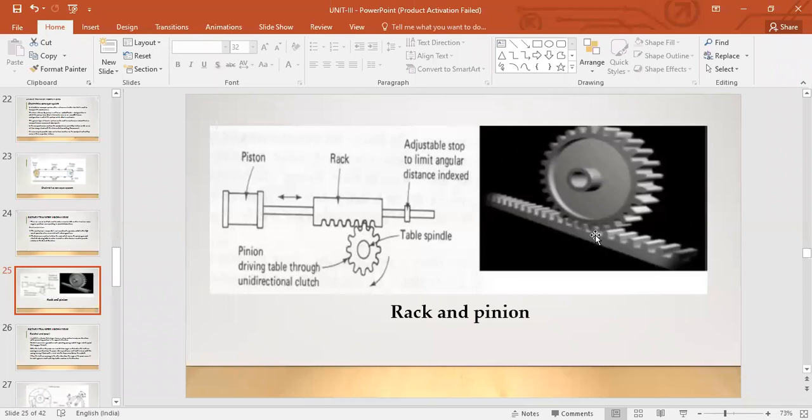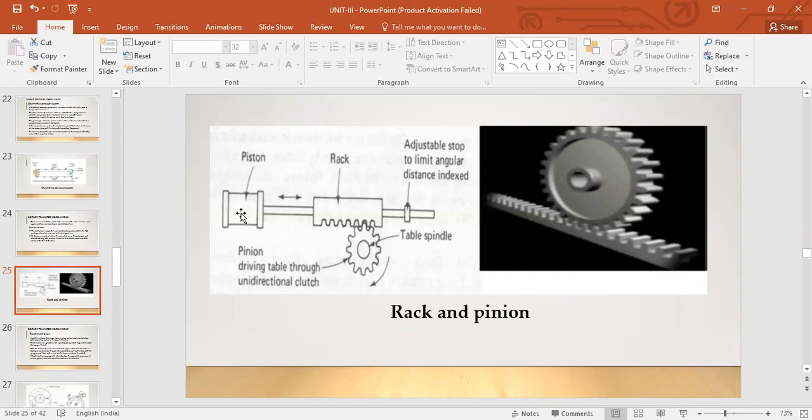So basically rotary motion to linear motion. If you want to have a rotary motion of the work table, as we saw in the rotary configuration, this rack will provide that. The movement of this rack will provide a rotary motion to this pinion, right? That's how we are able to get that rotary mechanism.